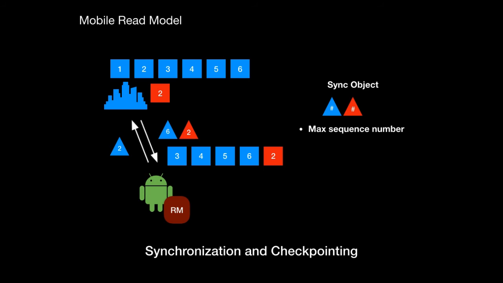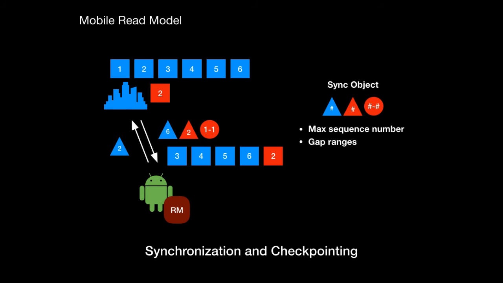Okay, but what about the first event from the red data center? So we have 2 here. We know that that's a max of 2, but we don't have event 1. So in order to keep track of that, so that subsequent calls will try to fill that gap, we keep track of gap ranges.